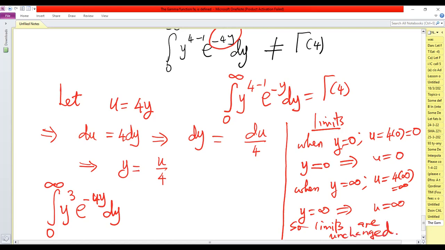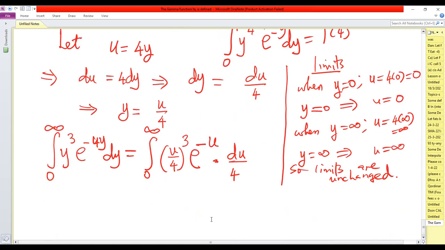Now, when the limits are unchanged, we have 0 to infinity. Where there's y, we put u over 4, and then u raised to power 3, e raised to power negative u. So y is the same as u over 4, and then dy is the same as du over 4. So then we'll have the integral from 0 to infinity, and these are quarters, so we have 4 quarters here.